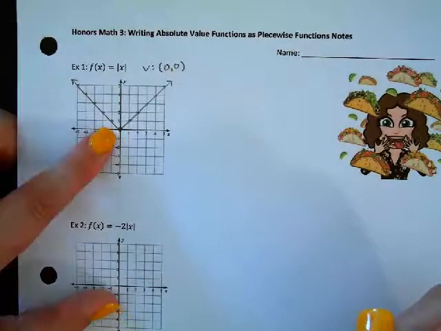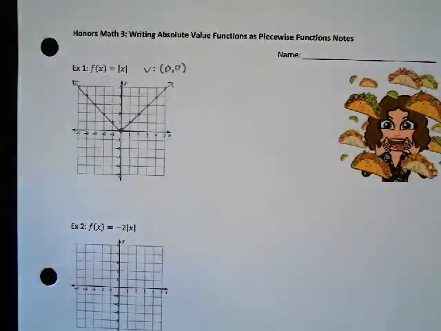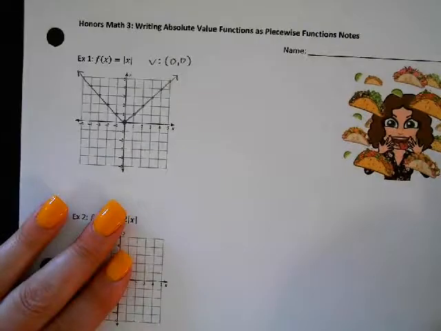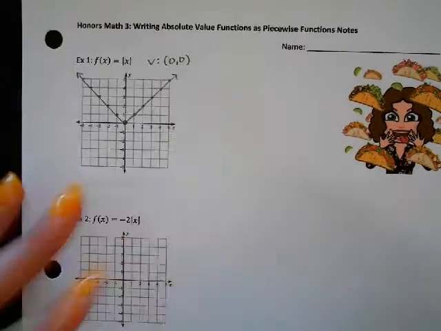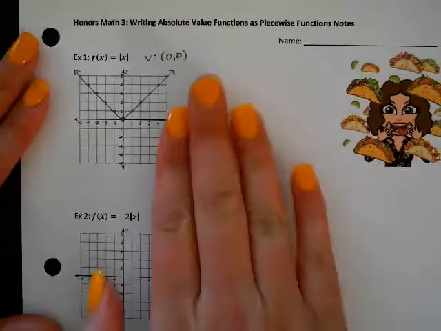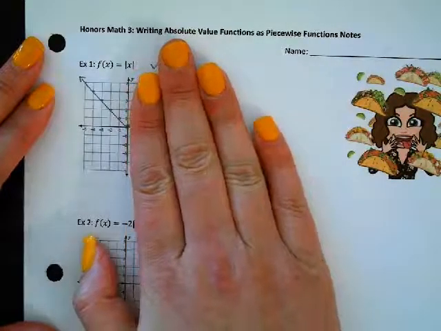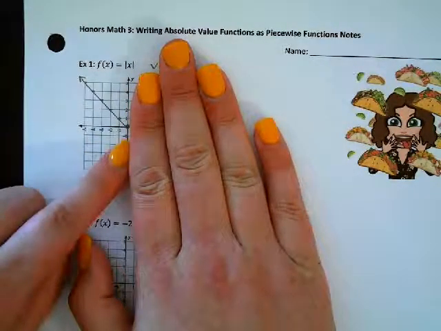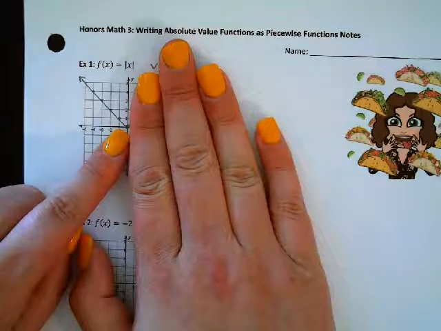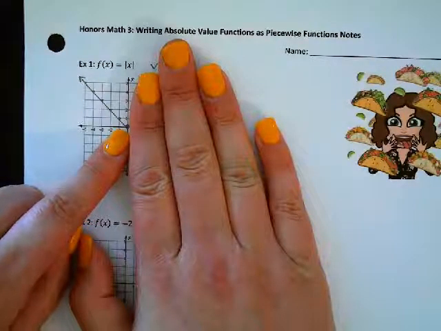Okay, so for us to write each of these individual pieces down, we're going to think of this as a perfectly straight line, y equals mx plus b. So if I think about the left piece, this left piece has a y-intercept of 0, and it has a slope of negative 1.